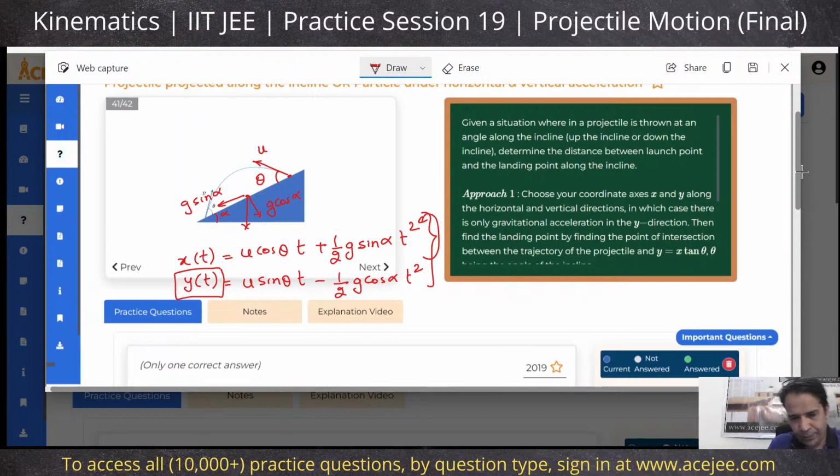Let's solve it. So the time of flight once again is 2u sine theta divided by g cos alpha.